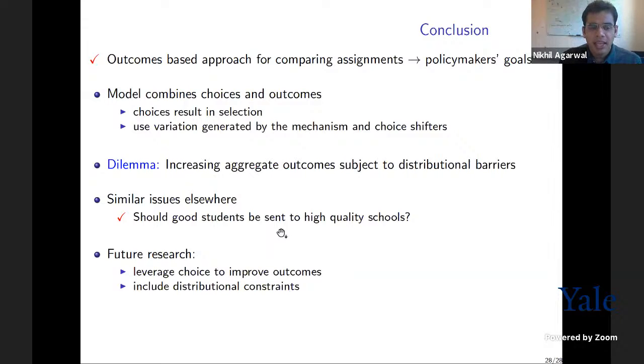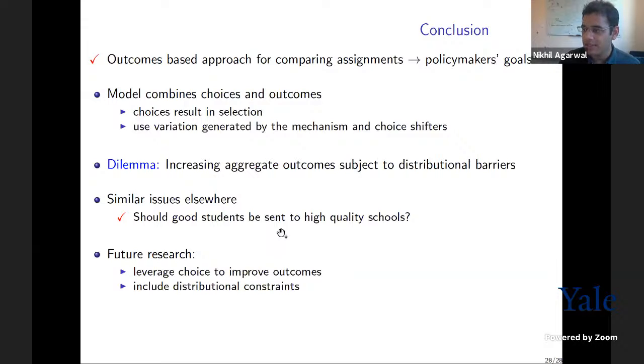For example, imagine that you have complementarities between good students and high quality schools. So the gains maximizing assignment would have the best students matched with the highest quality schools. That's going to result in significant inequality that may be problematic.